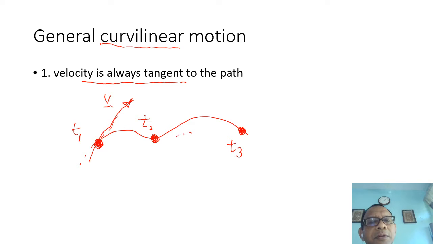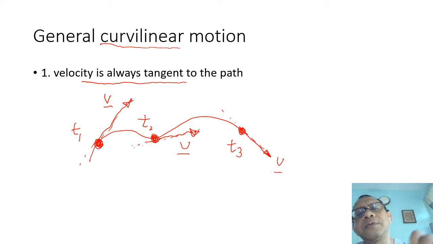So let's say this is the tangential line. So that is the velocity of that particular point, and there's a tangent here. So that is also v1. These are the velocities.